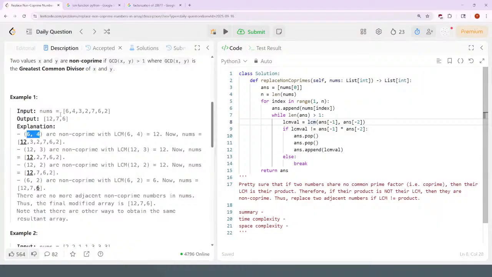So 6, 12, 6, 4 has a common factor of 2, therefore they get combined. And then 6 and 3 has a common factor of 3, and they get combined.